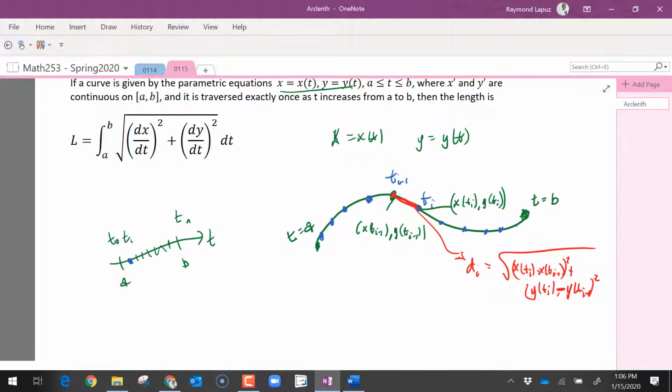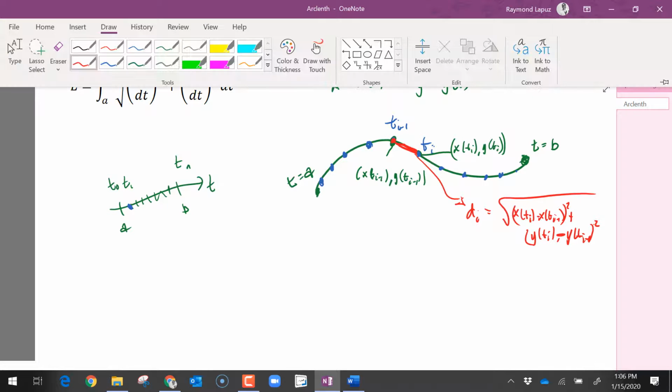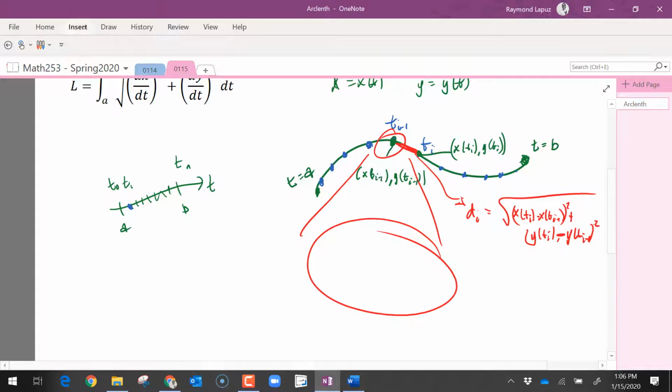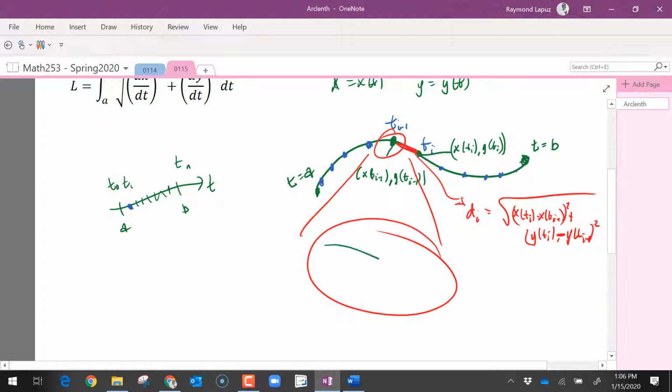And if you look close enough, oh, let's look closer. Right?